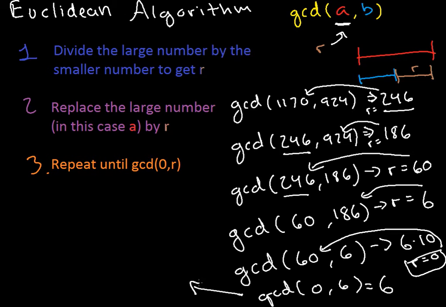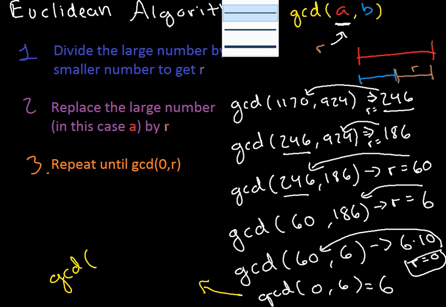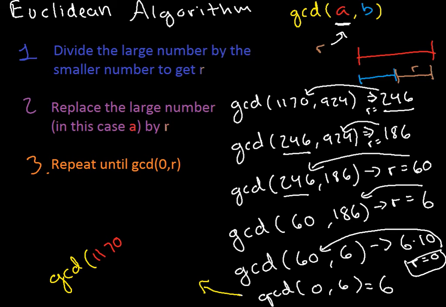Which implies, and I'm going to make this arrow yellow because this is what the statement was trying to get at, that the greatest common divisor between 1170 and 924 is 6.